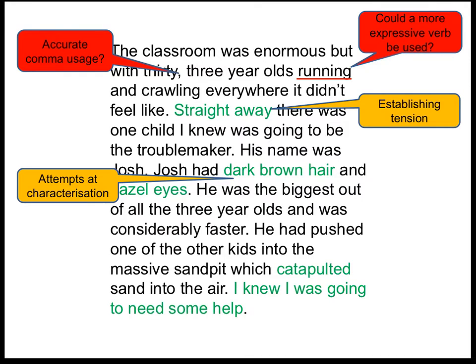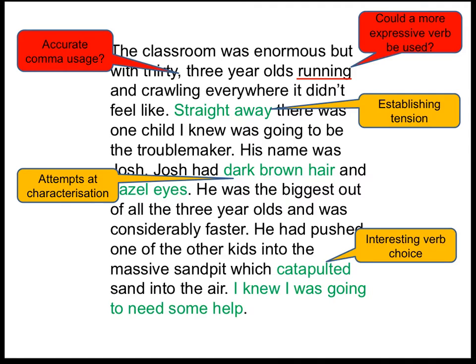Characterization allows you to create an impression of a particular character. We do have an example here where Josh had dark brown hair and hazel eyes. It perhaps doesn't tell us a great deal about Josh as a character, but it is an attempt at characterization, so we'll be awarded for it.